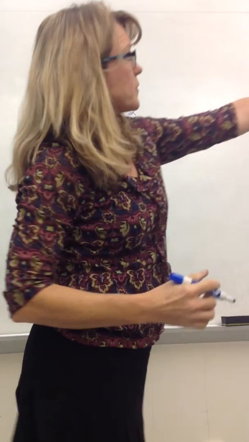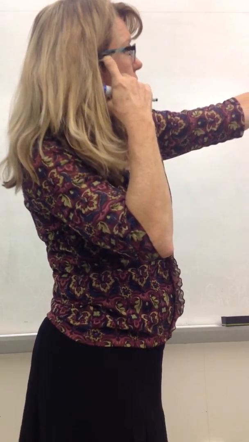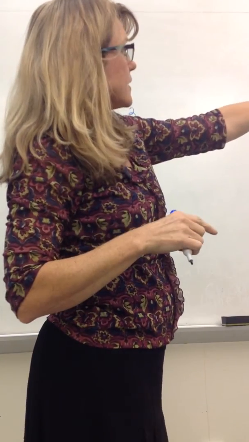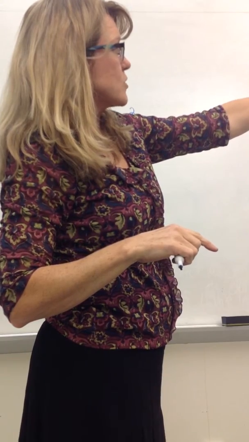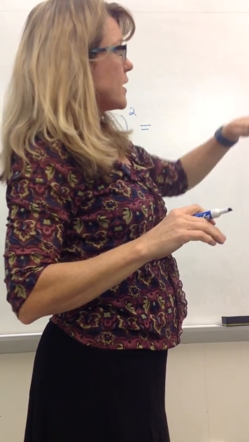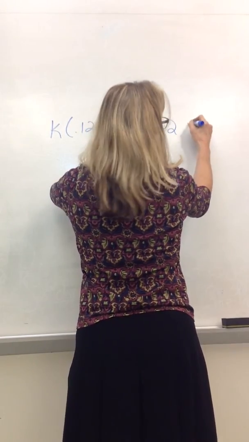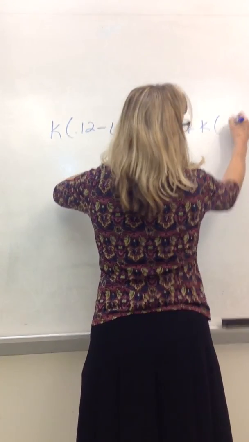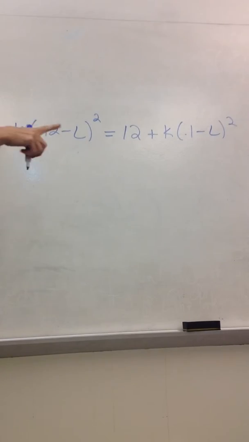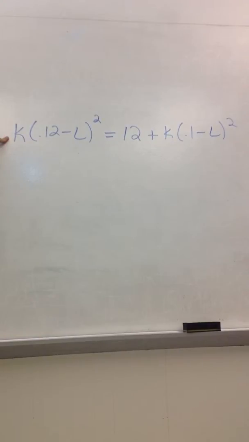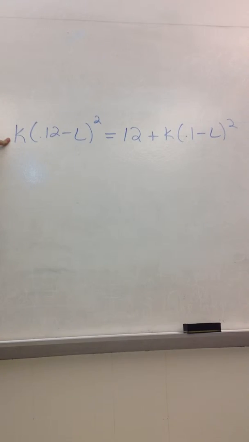Okay, from the top one, I'm taking the k times 0.12 minus L squared, and I'm separating it, setting that equal to 12 plus k times 0.1 minus L squared. So the first one, I solved it for the k times 0.12 minus L squared, and then I'm gonna do the same thing to the second one.